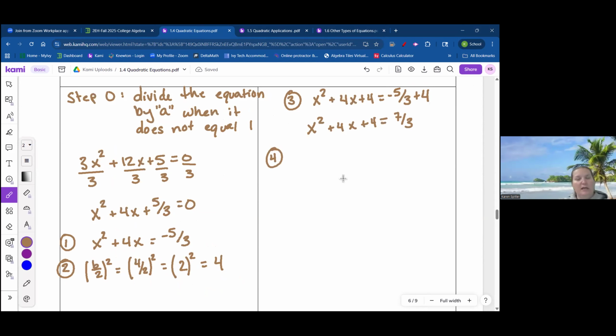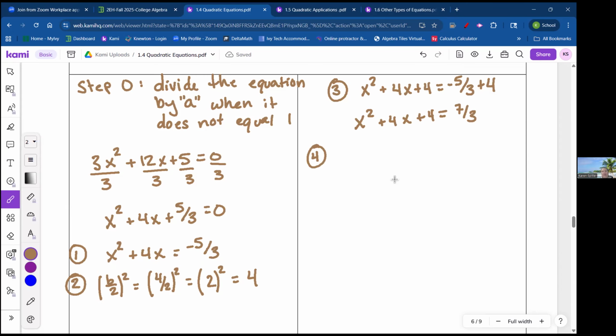Now we're going to change that into a perfect square. Again, that's the b divided by 2, which in this case is 2. So x plus 2 squared is equal to 7 over 3. In step 5, you're going to solve it.